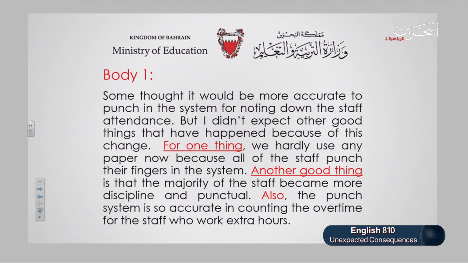Second example, another good thing is that the majority of the staff became more disciplined and punctual, and this is another positive consequence. Also, the punch system is so accurate in counting the overtime for the staff who work extra hours.